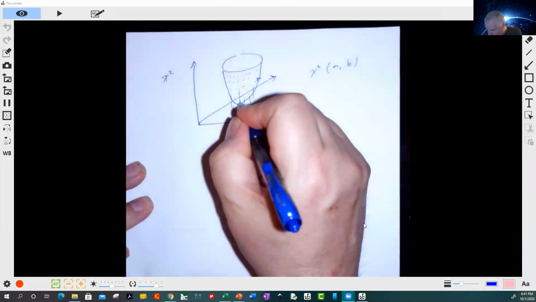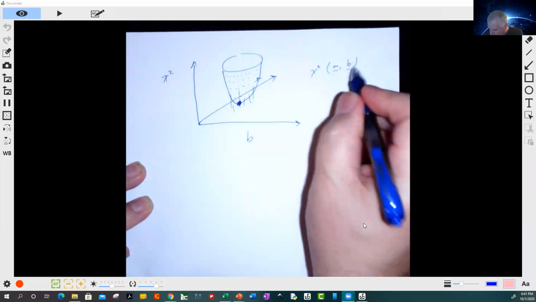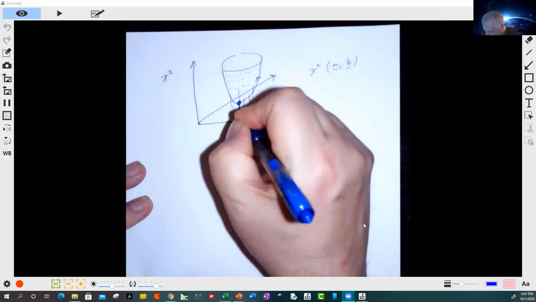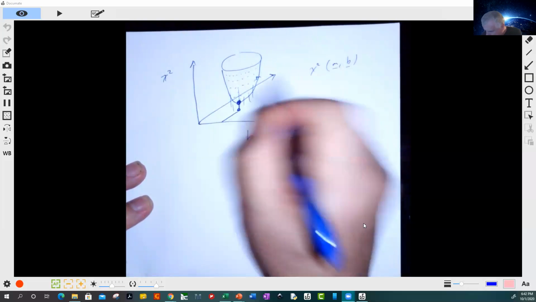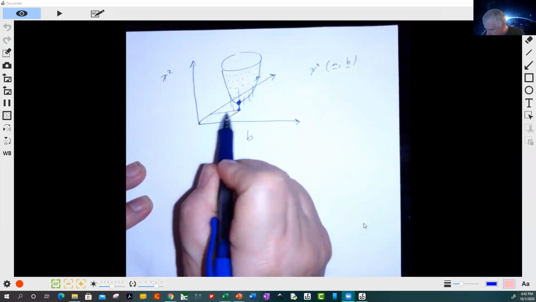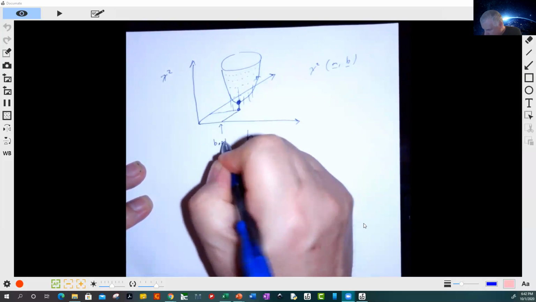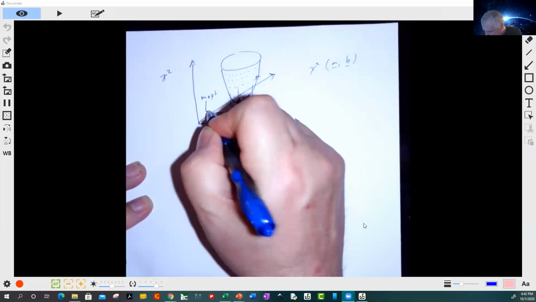And there is a specific point where both M and B are at the single unique minimum for the structure. That single unique minimum is right here. This is B optimal, and this is M optimal.